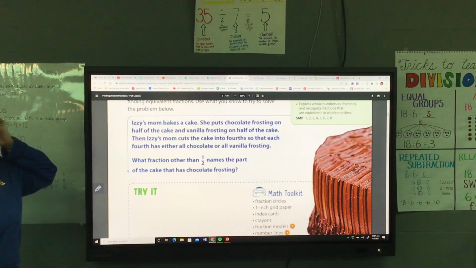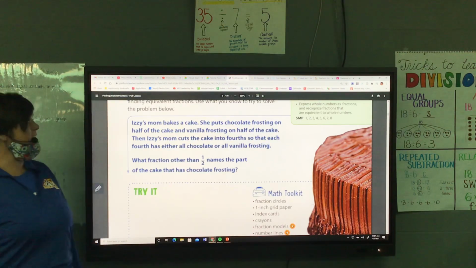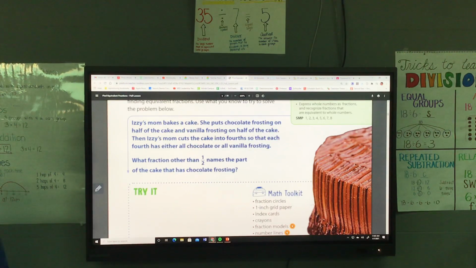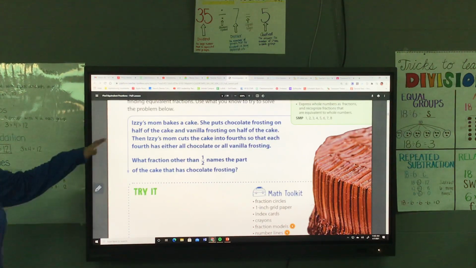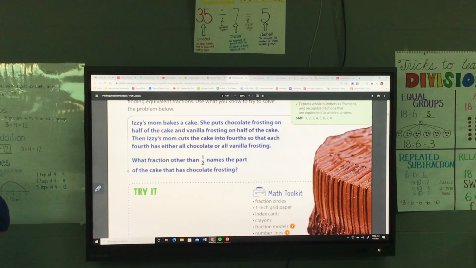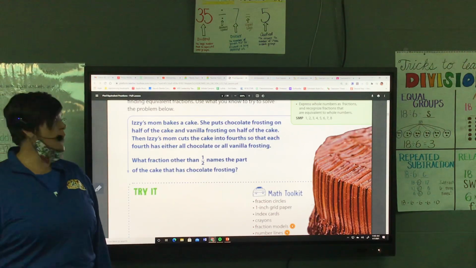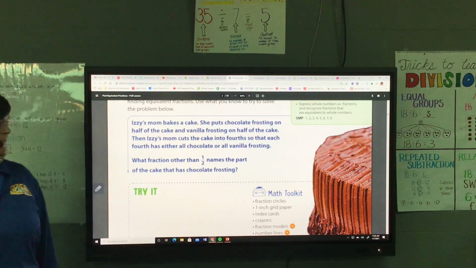Izzy's mom bakes a cake. She puts chocolate frosting on half of the cake and vanilla frosting on half of the cake. Then Izzy's mom cuts the cake into fourths so that each fourth has either all chocolate or all vanilla frosting.